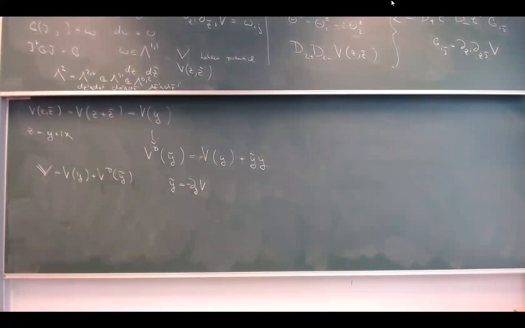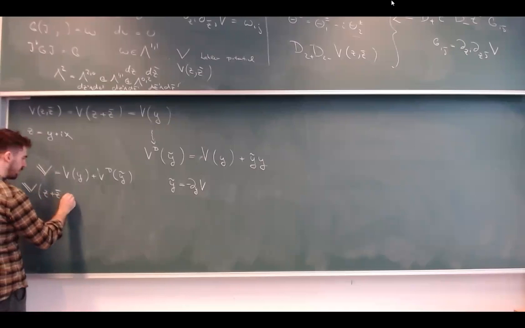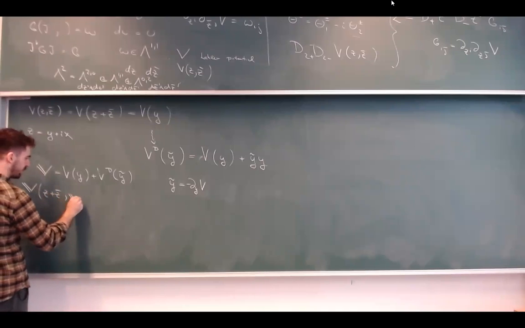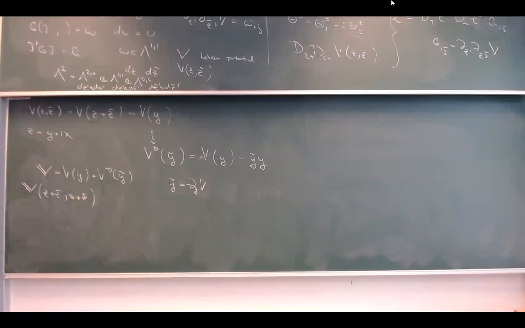So I can construct this thing, and now it depends on z plus z bar and on the w and w bar combination. Okay, so that's some potential now on the doubled space of fields.